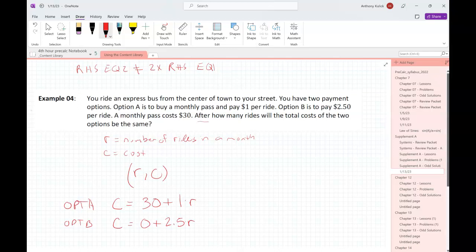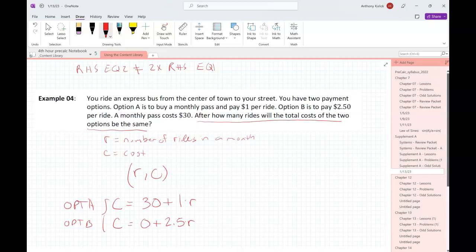And we're asking, after how many rides will the total cost of the two options be the same? What we're looking for is the solution to this system. Everybody agree with that?